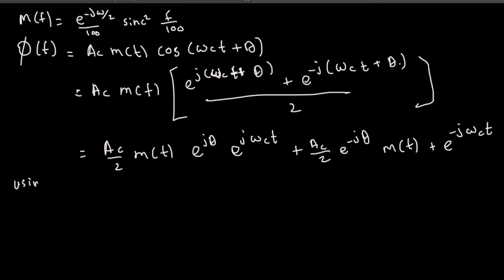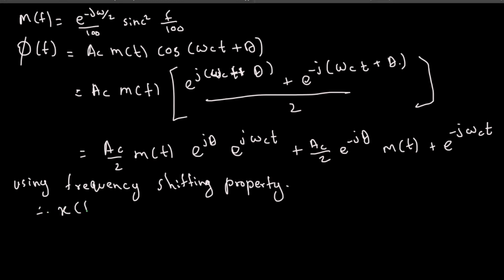Using the frequency shifting property, that is x of t times e power j 2 pi f naught t.